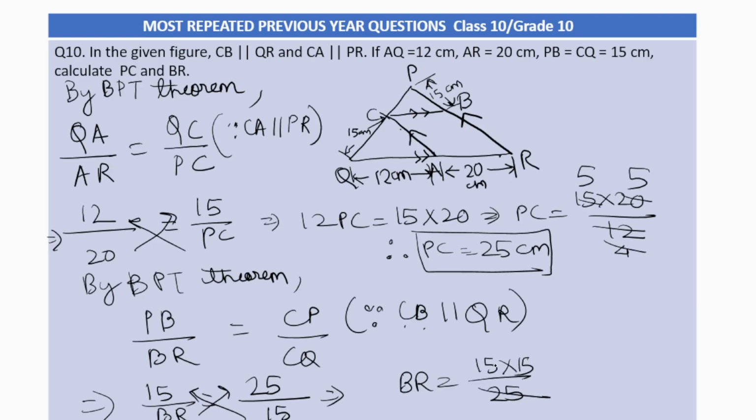If you remove the 25, 3 will remain here, 3 will remain here. So BR value will be equal to 9 centimeter. Okay, simple, just use the Thales theorem and calculate PC and BR's value. This is super simple. Just substitute the values properly. Don't jumble up the values. Use the given values, then the answer will come out correctly.